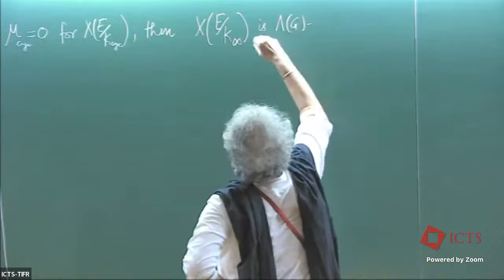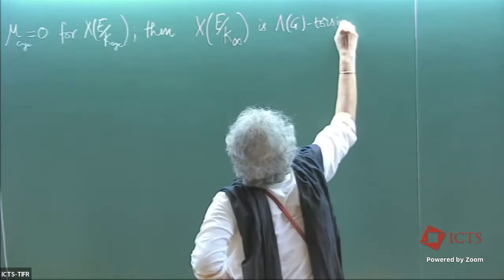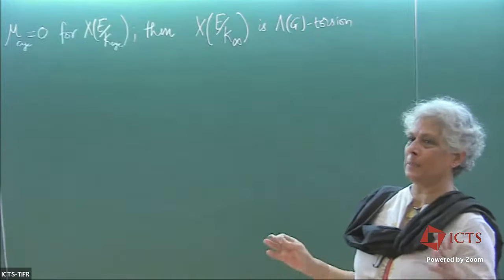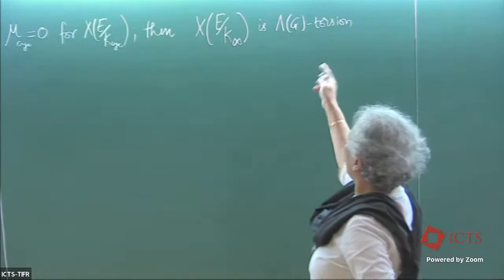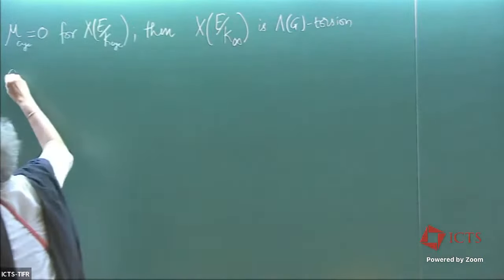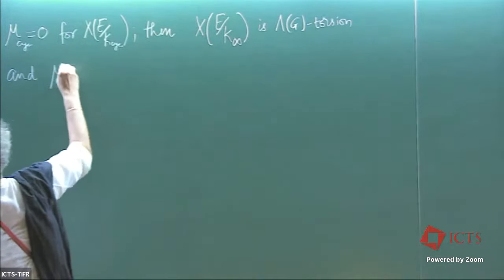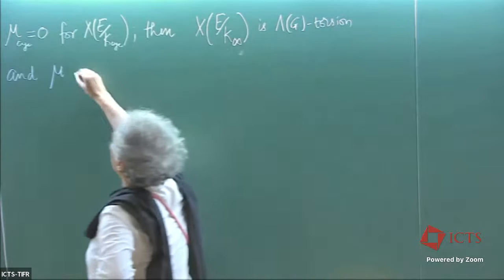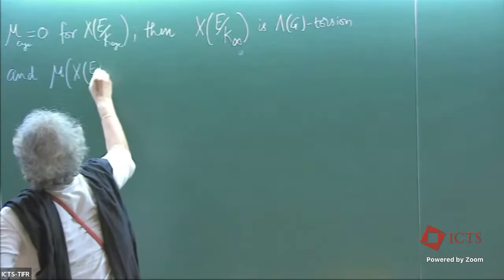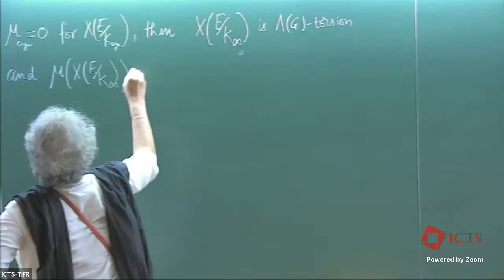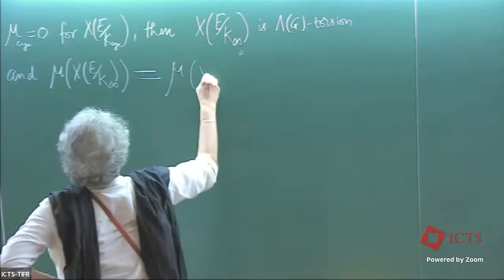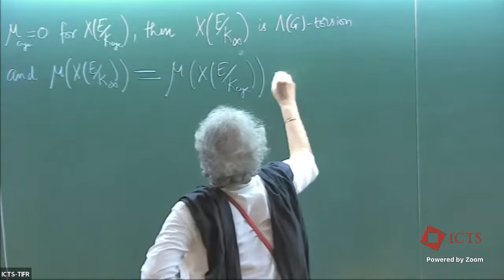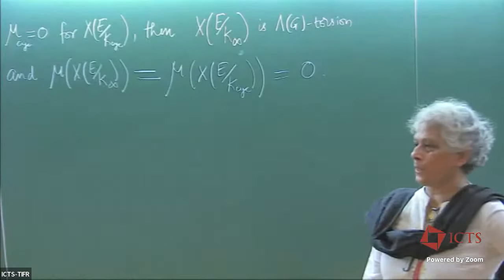Again, here G is Z_p^2, but I want to remind you that this statement is true for p-admissible G. And moreover, there is a mu invariant defined even for this object. Mu of X of E over K infinity is in fact equal to this, and then it remains 0.